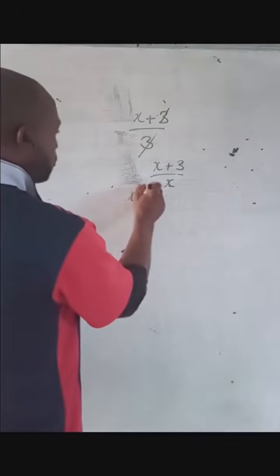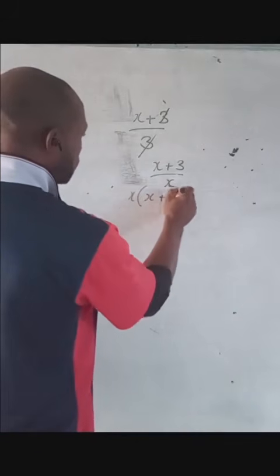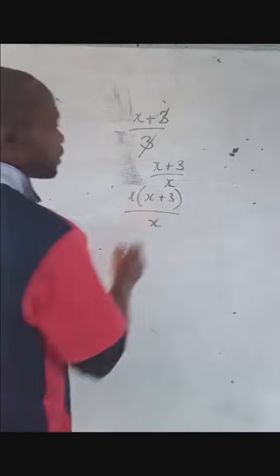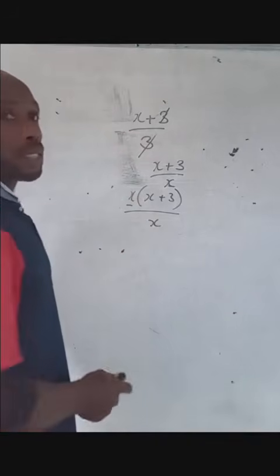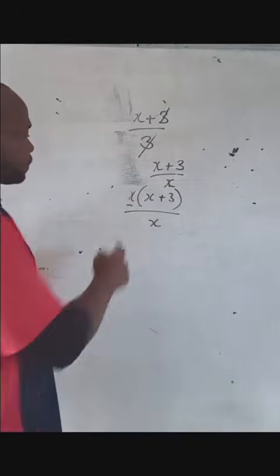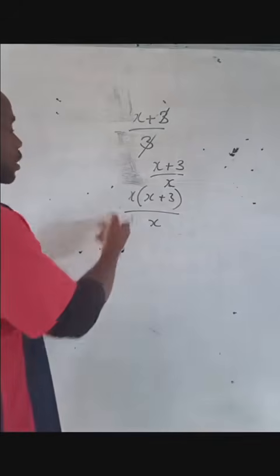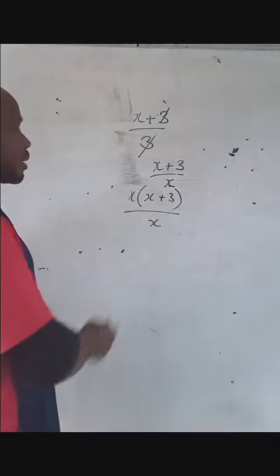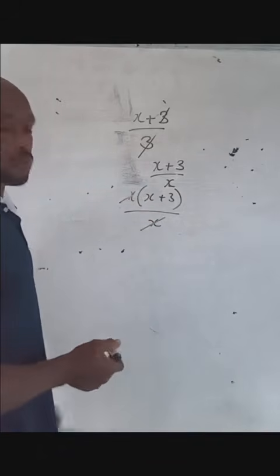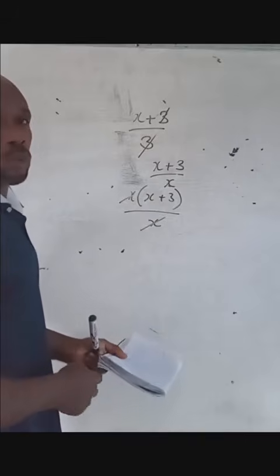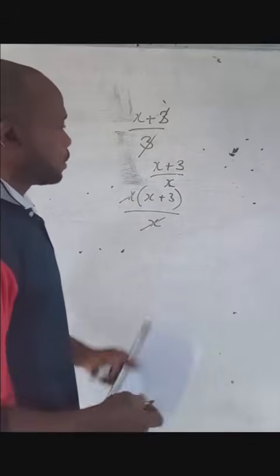But if you have an expression like x multiplied by x plus 3 all over 3, now this x outside the bracket is multiplying the terms inside the bracket. So because it is multiplying, you can cancel out x. So it is a rule, you have to remember it.